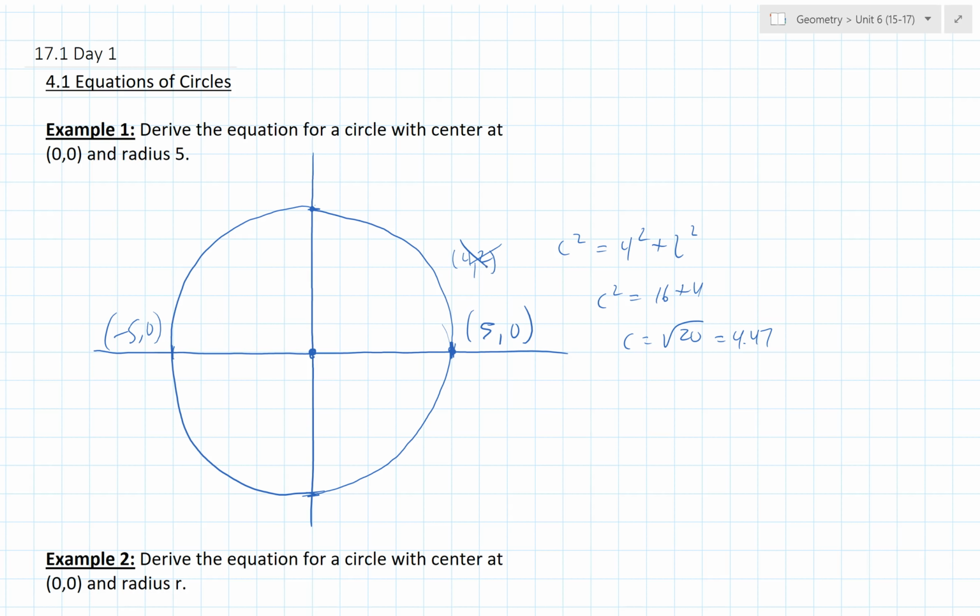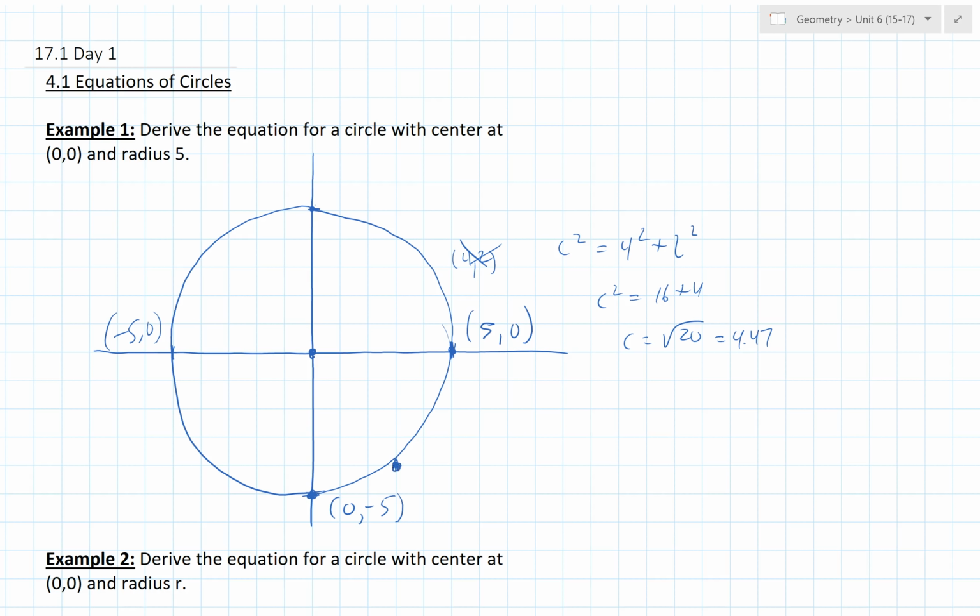Okay? Let's see. Savina, did you find another point? 0, negative 5 down here? 0, negative 5 is definitely on the edge of the circle. Sarah, you have another one? 3, negative 4. 3, 1, 2, 3, negative 4, 1, 2, 3, 4.